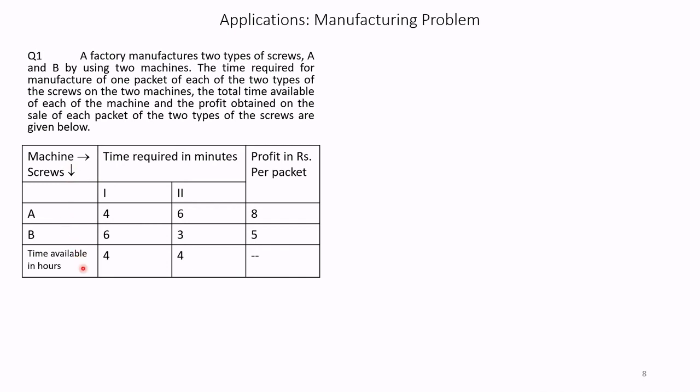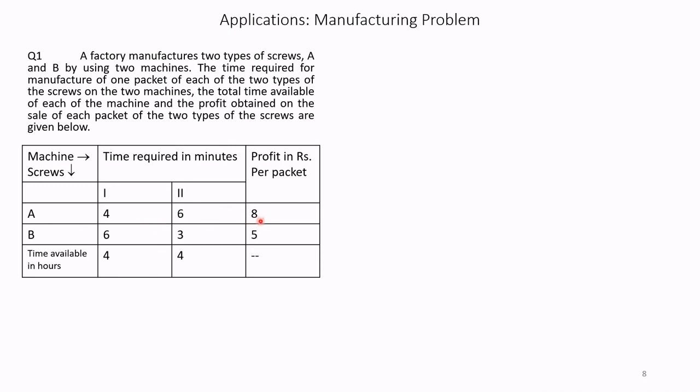For type A screw, machine 1 takes 4 minutes and machine 2 takes 6 minutes, and the profit for type A screws is rupees 8 per packet.